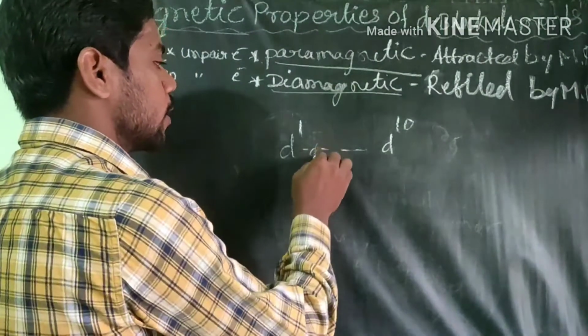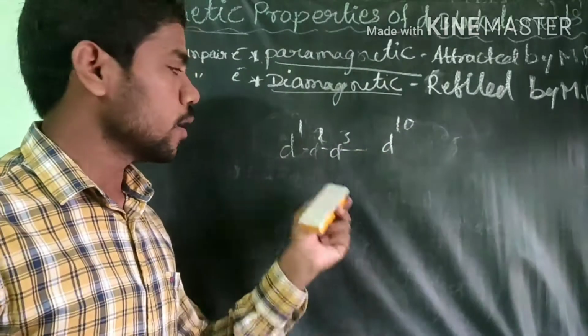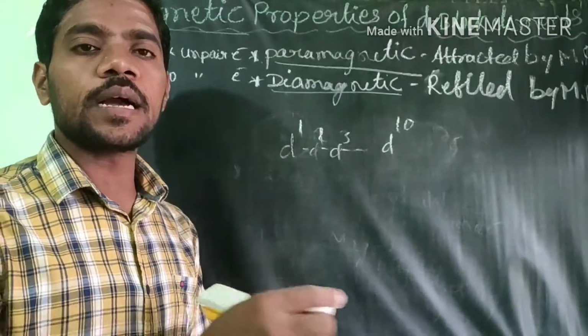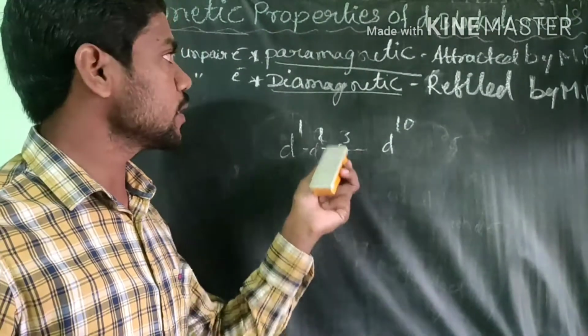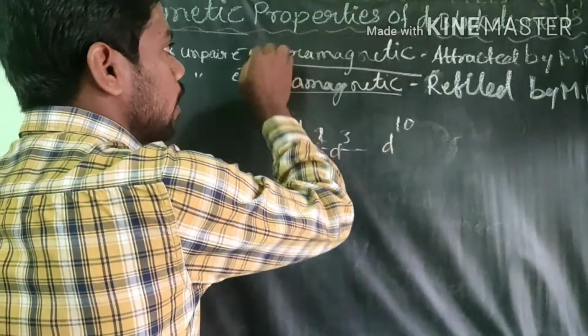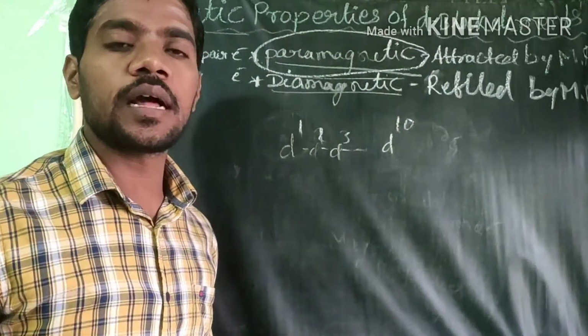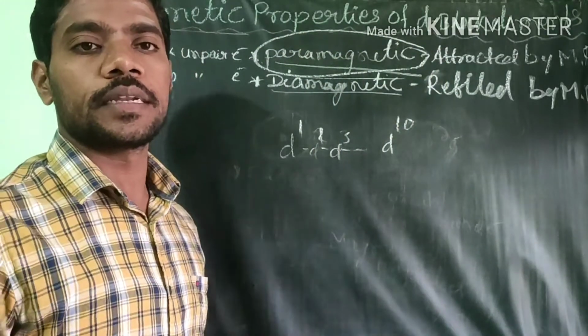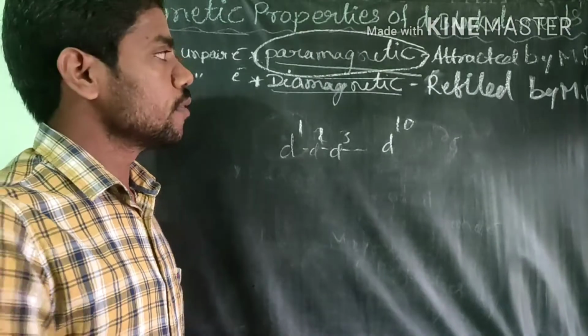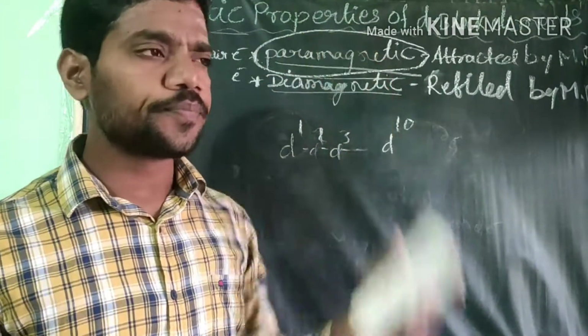For example, d1, d2, d3, their outermost electronic configuration is incompletely filled. Incompletely filled means they contain unpaired electrons. Therefore, almost all, not all, almost all of our d block elements act as paramagnetic, and that's why these d block elements show magnetic nature.